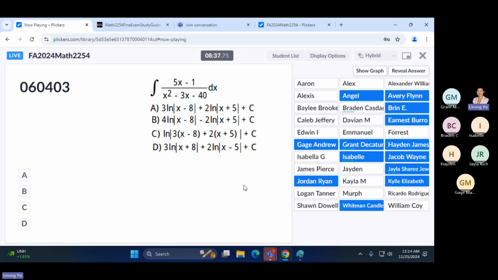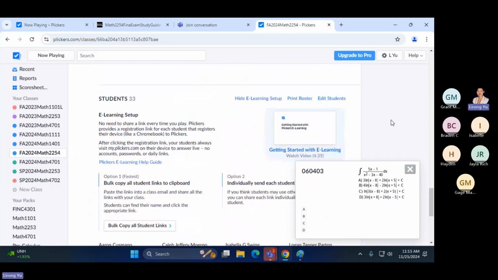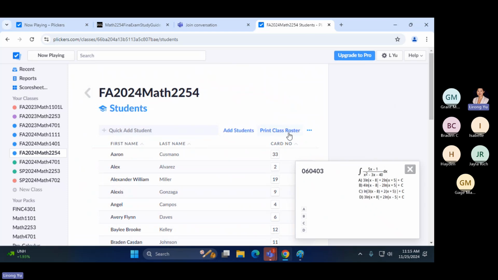Edwin, you want to use your phone to scan your card? No. You don't have your phone? I don't have it on me. Oh, yeah, but I can find the image on the speaker website. Did it scan? Okay, so we can find out your card number, and I can show you your card.